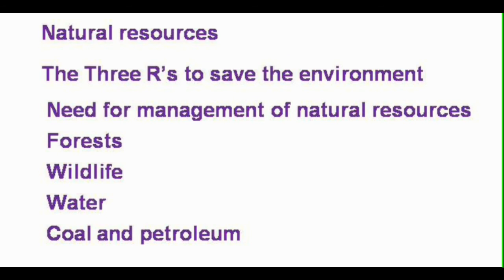Also, we need management of natural resources. We talked about forests and wildlife, and about water and how to save water. We also talked about coal and petroleum. All these things need to be managed properly so that we will be able to sustain our earth and also give it to our coming generations.